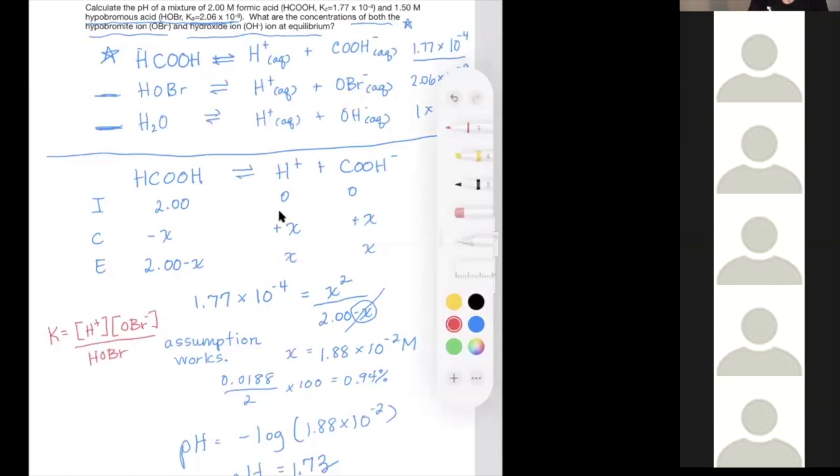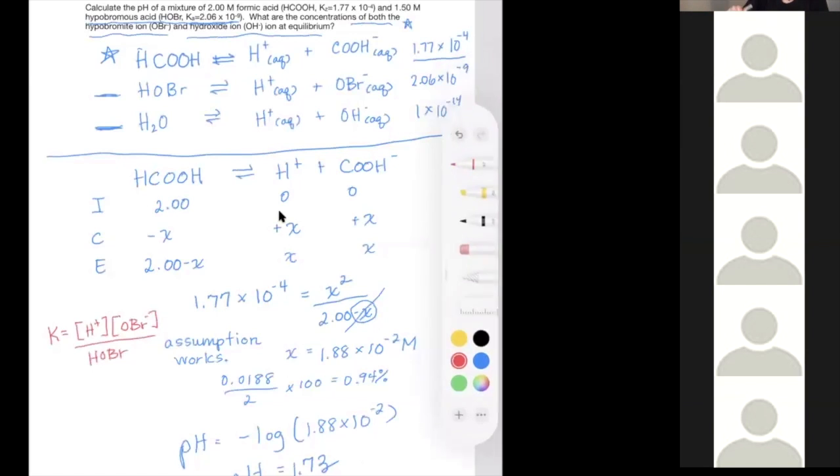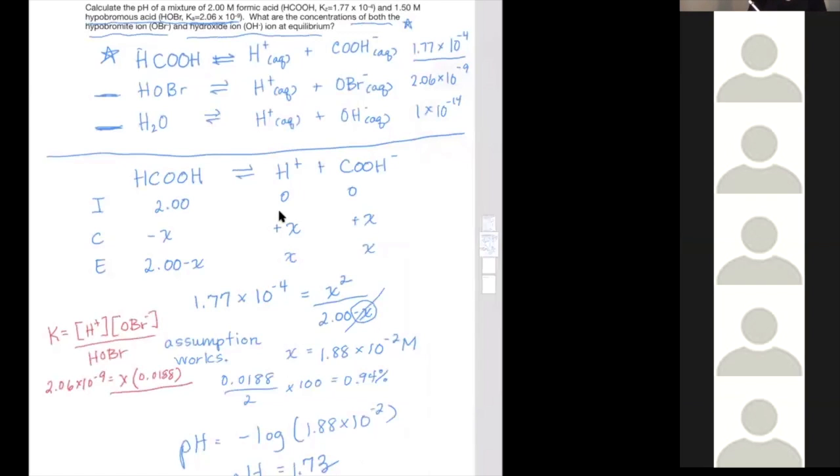So we plug in what we know. 2.06 times 10 to the negative 9th is the K value. We know the hydrogen ion concentration is 0.0188. And originally, the concentration of the hypobromous acid was 1.50.